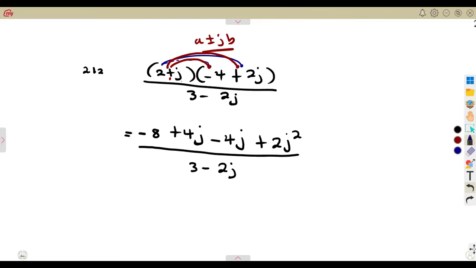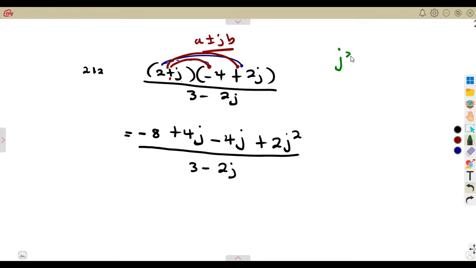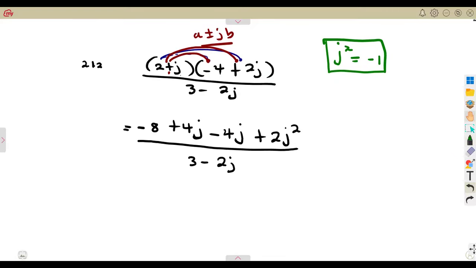As we are simplifying, the J squared, we do understand that it is equal to minus 1. So you will remember this. If J squared is equivalent to minus 1, this part is going to be represented with minus 1.